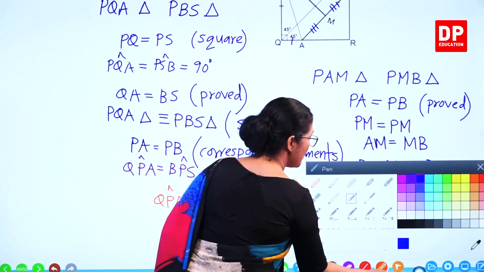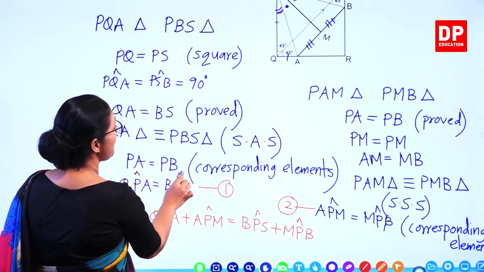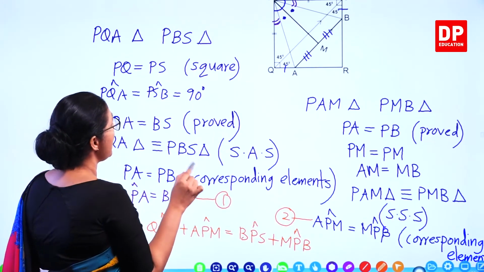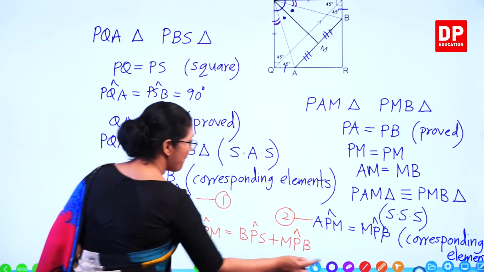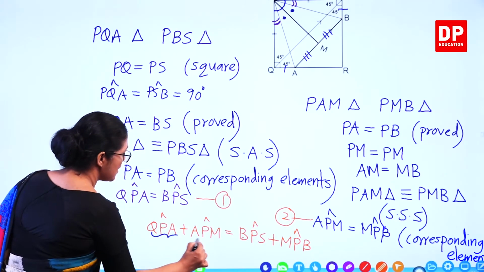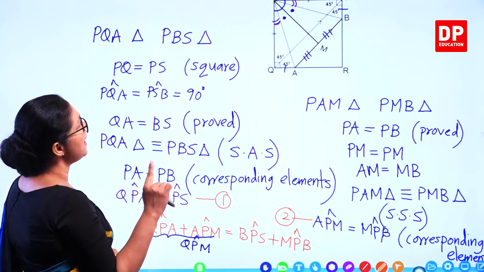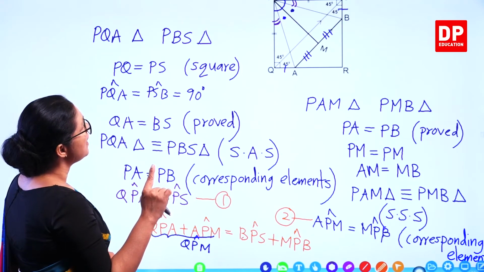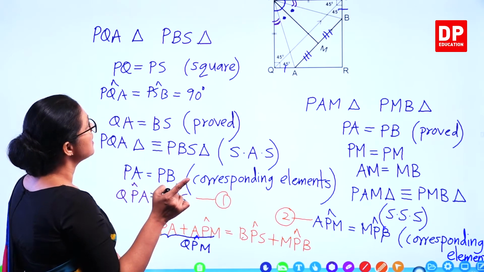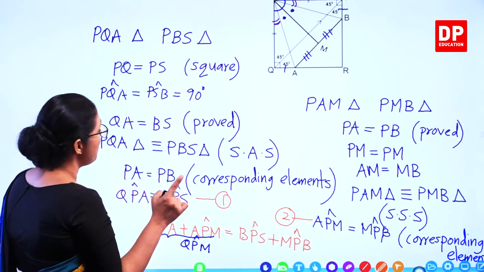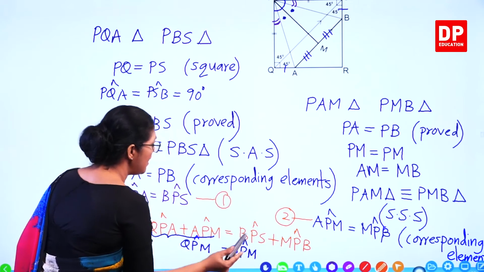What's that? When you add the two angles, look at the diagram. QPA and APM, you get QPM. This is QPM. What about the other side? BPS and MPB. You get SPM angle. So these two angles are equal.